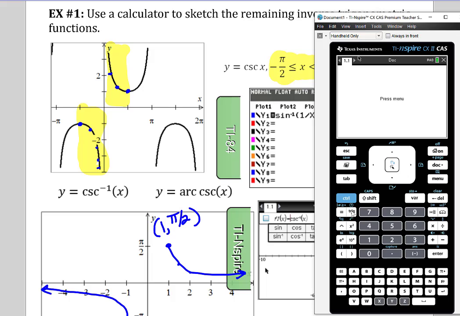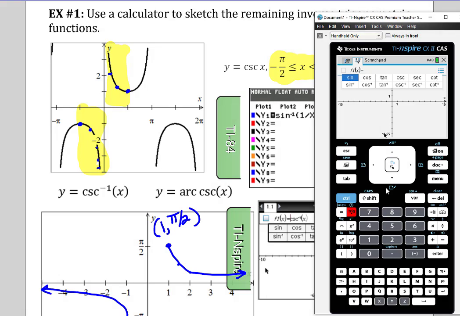See the Trig key? If we press the Trig key, there's cosecant inverse. And you can substitute that in and graph that using that Trig button and coming over to the inverse cosecant of x, and it'll graph that we have here on our screen.